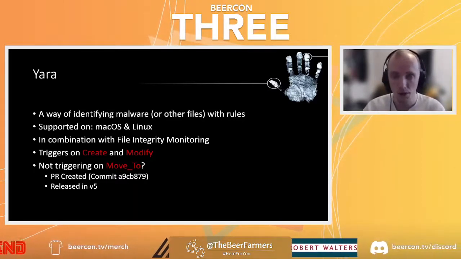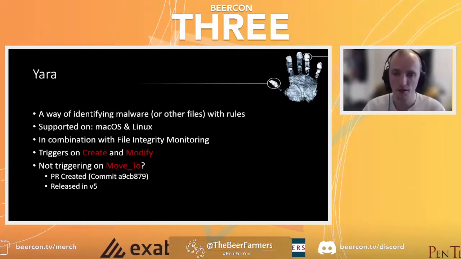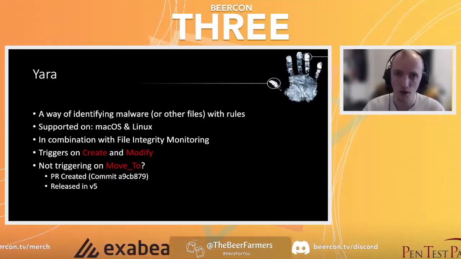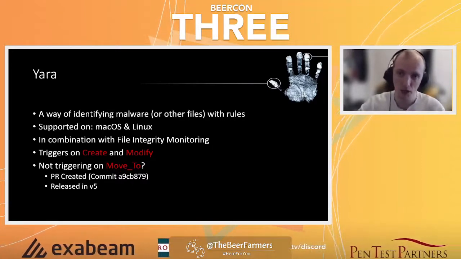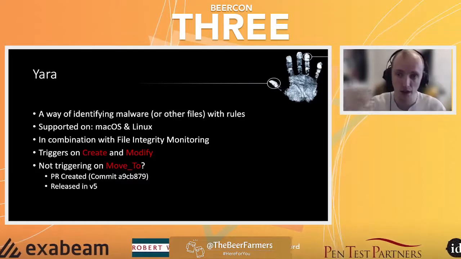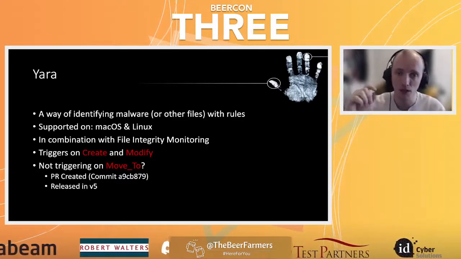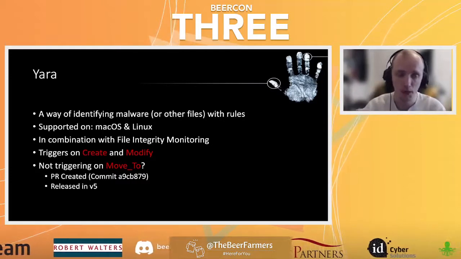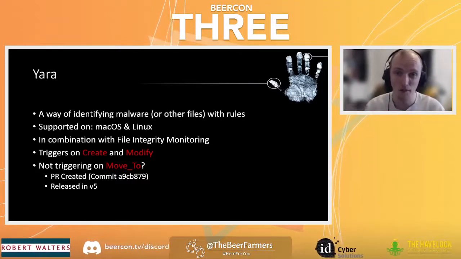Now, with OSquery, it's built in such a way that it will trigger on the file access, create, and modify actions. So we will use file integrity monitoring to monitor for files, and if they match one of the rules, we will get an event in OSquery that we can look for with a query. Now, as I said, it worked with the create and modify file actions.